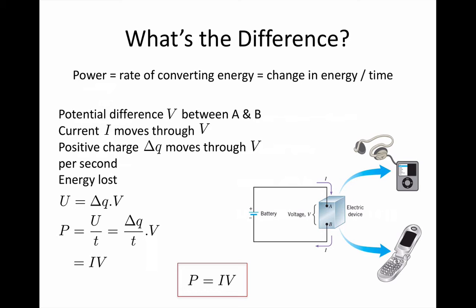The electrical potential energy lost by that charge is U equals delta Q times V. So power, which is energy over time, is delta Q over T times V, which is just current I times V. So we have our equation, power equals current times voltage. That means watts is equivalent to amps times volts.